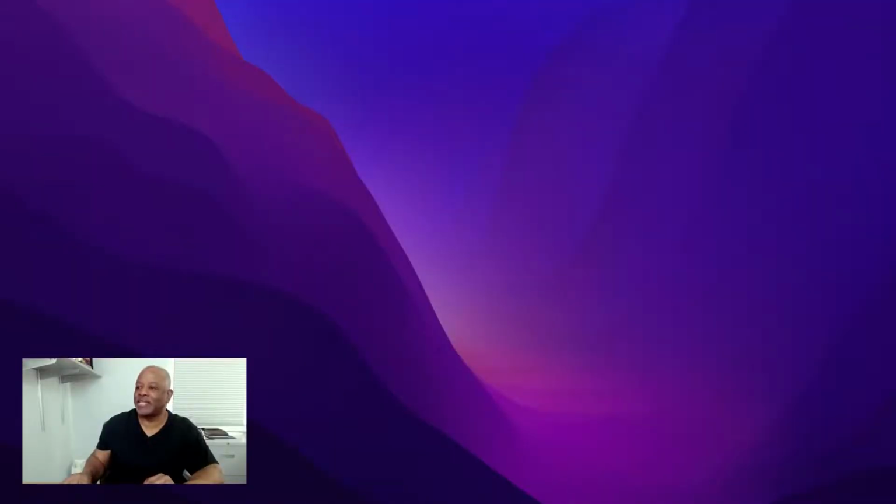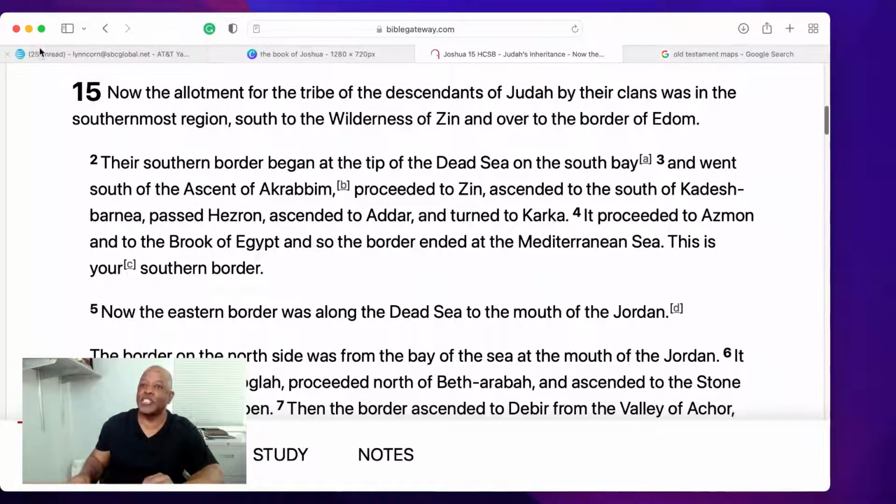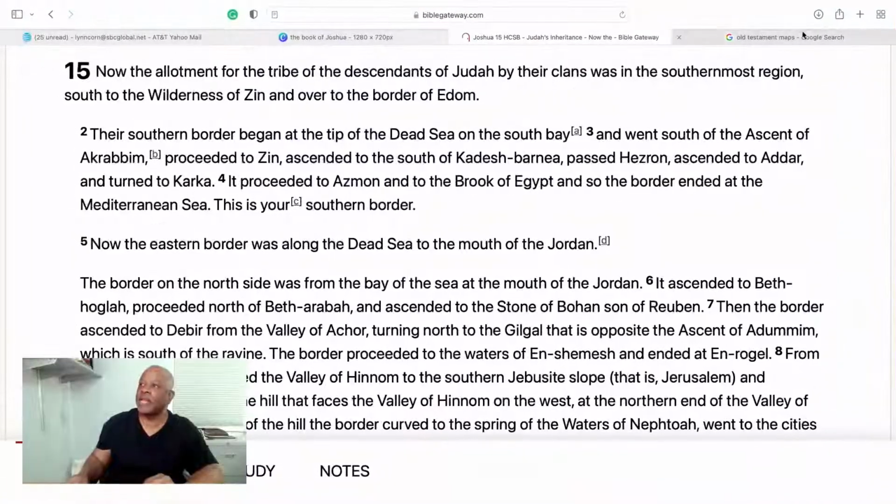I say that because we're going to just kind of skim through. I want to show you something as far as a map is concerned.